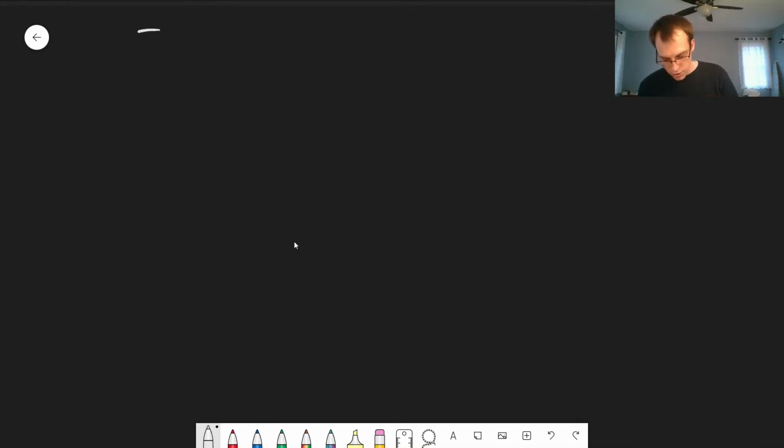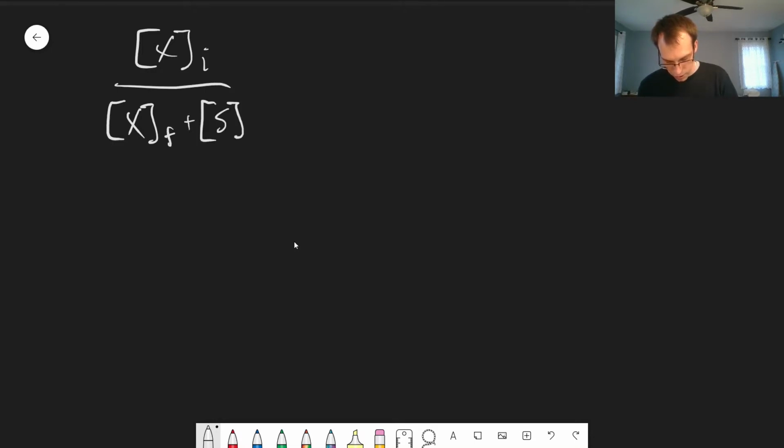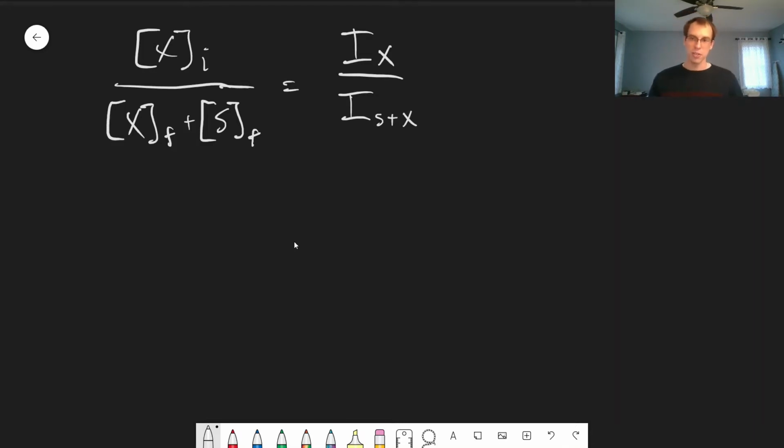So our initial equation is that the initial concentration of our unknown divided by the final concentration, combining our unknown and standard that we've added for our standard addition, is equal to the ratio of the signals that we get from our two measurements.